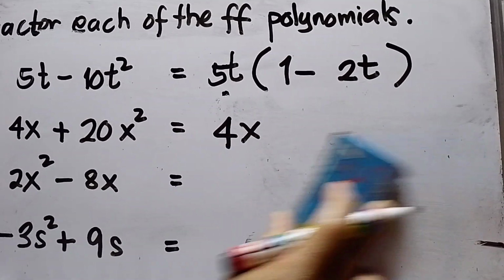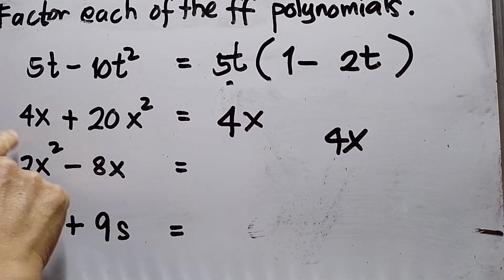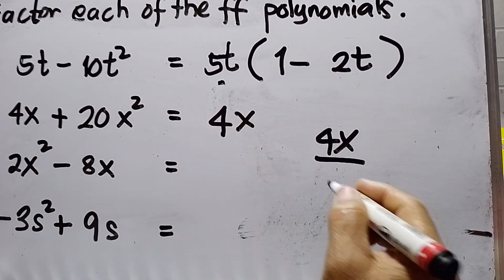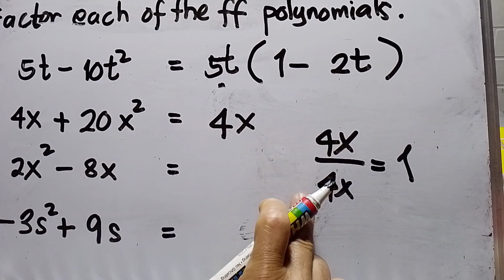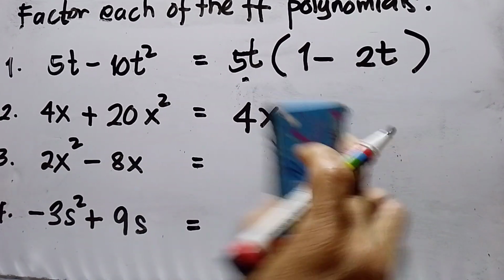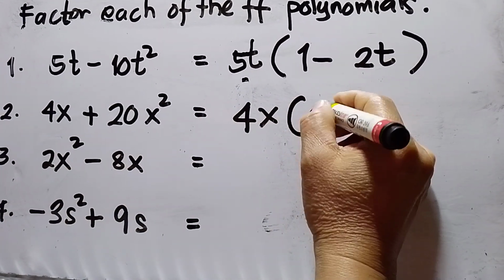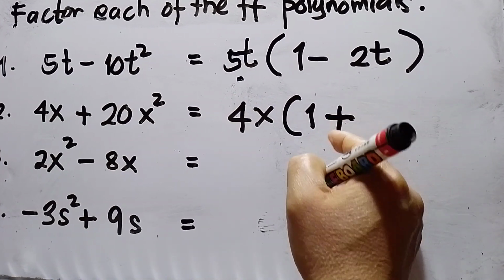Okay. So first term, second term. The first term will be 4x, right? And then divide by the GCF, which is 4x. So the same, that will be equal to 1. 4 divided by 4 is 1. x divided by x is 1. So inside the round brackets is 1. Then since the operation is addition, I will put plus.